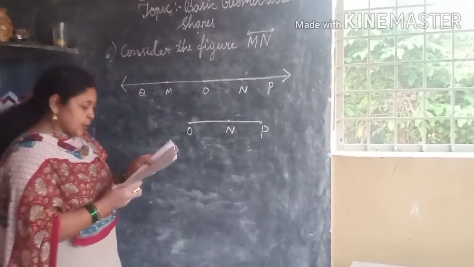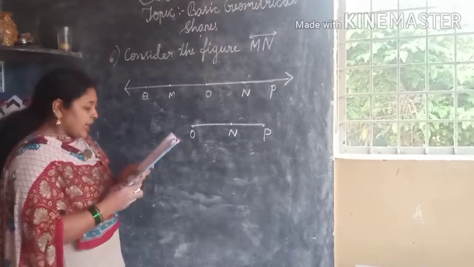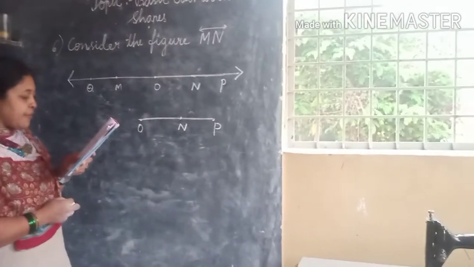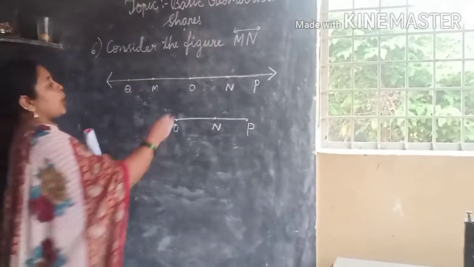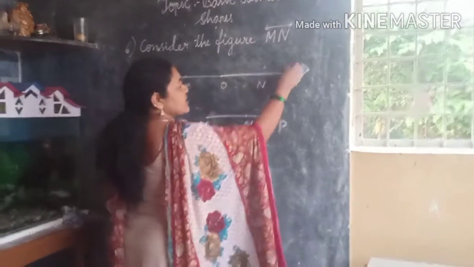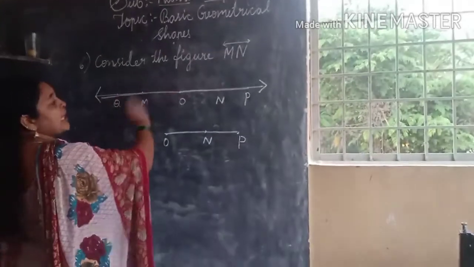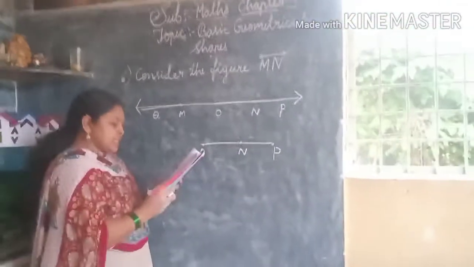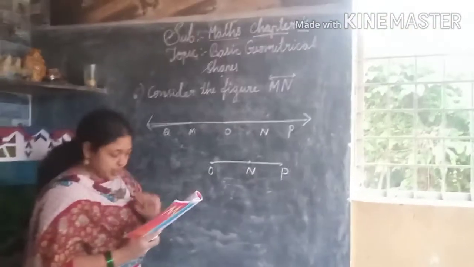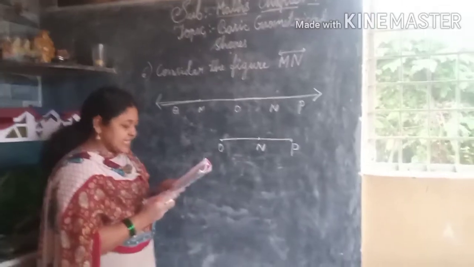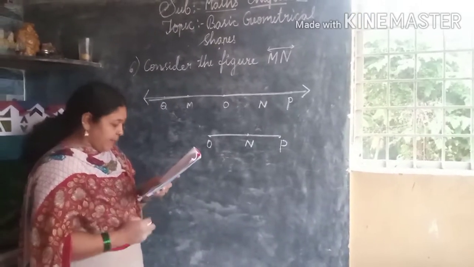Isn't it? So next we have ray OP is different from ray OQ. OP is this direction. OQ is this direction. Both are different. Isn't it? So that statement is true. Ray OP is same as ray OM.